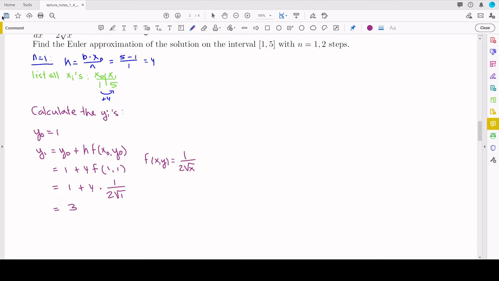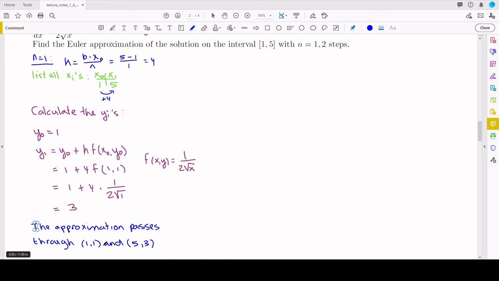And so if we then write down the conclusion, we can say the approximation passes through 1 comma 1, our original point, x naught, y naught, and then x1, y1 will be 5 comma 3.